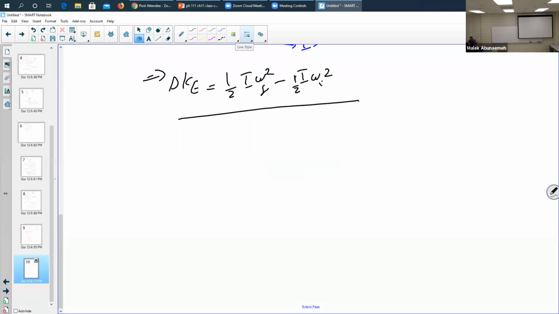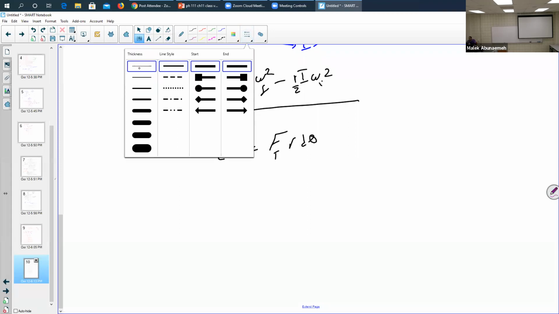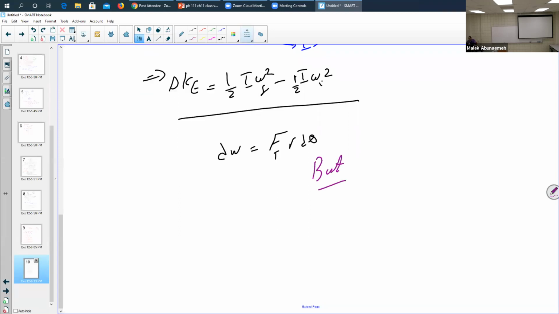Now we said the change in work equals your tangential force, mainly the tangential force, times r d theta. But, and a big but, we said that the torque is your tangential force multiplied by r. That means your dW equals your tau d theta.